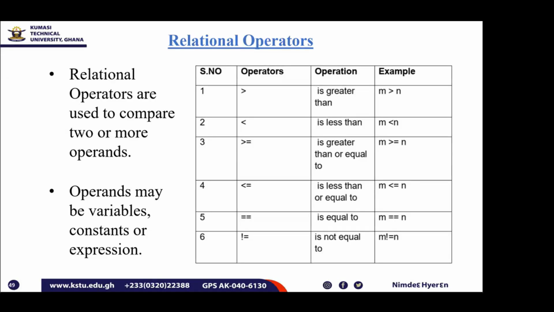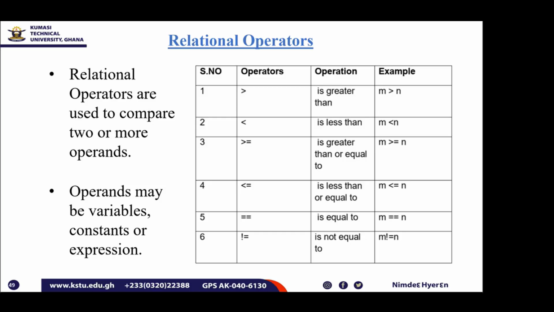When you look at the operation greater than, we use the greater than symbol as the operator. From the table, you would see that we can have m greater than n, and in less than, we can have m less than n. Then if we are going to do greater than or equal to, we have the greater than symbol in addition to the equal to symbol. So you have m greater than or equal to n.